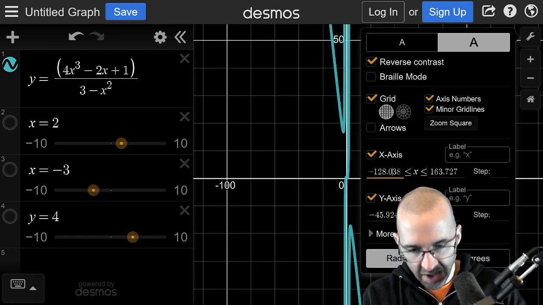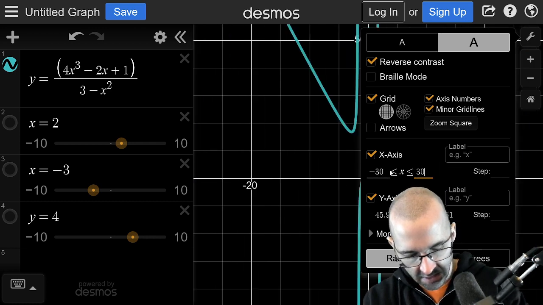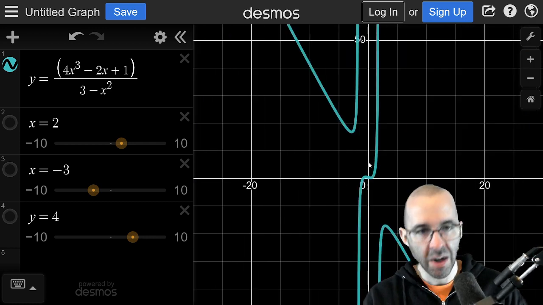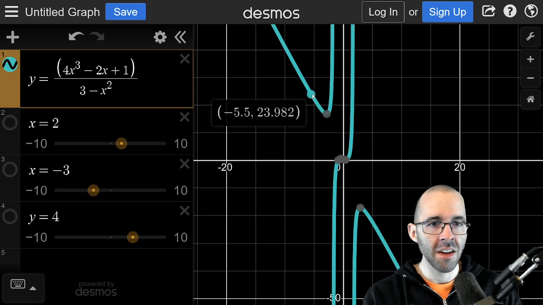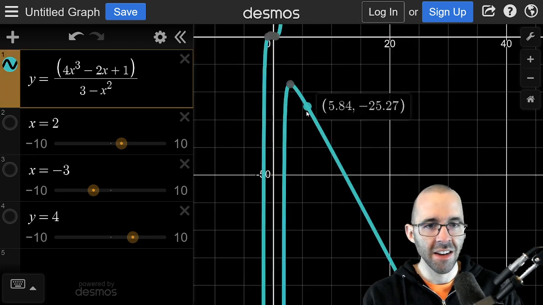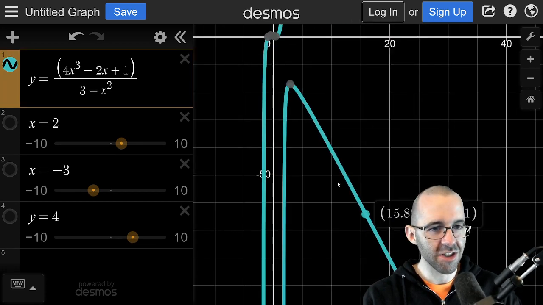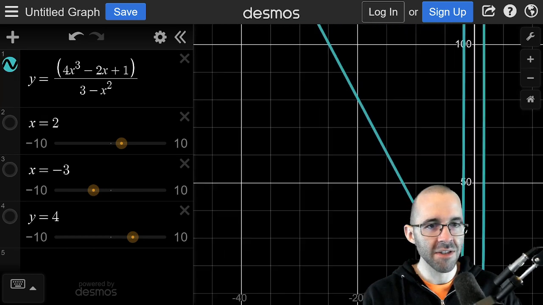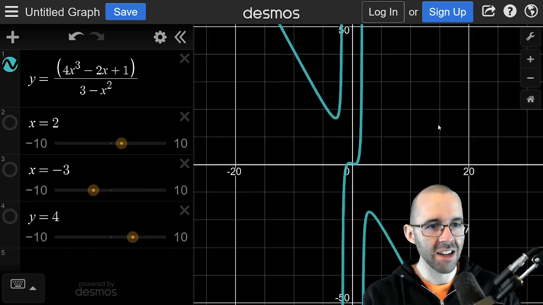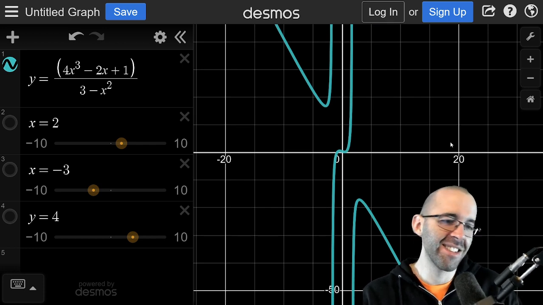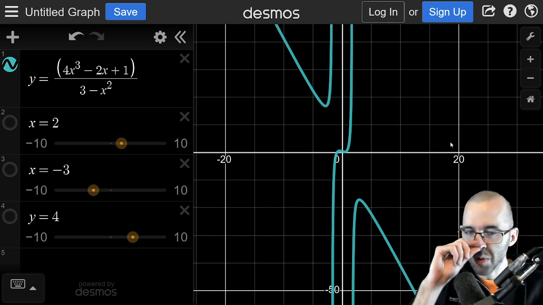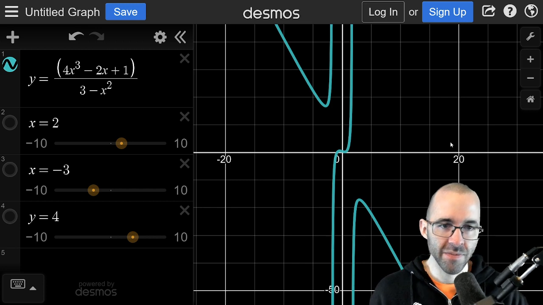But let's zoom out. Notice that, yeah, we got wild stuff happening in the middle. But eventually the function kind of looks like a line. Eventually on the left the function kind of looks like a line. And wacky stuff's happening in the middle. So that's an example of when there's no horizontal asymptote.